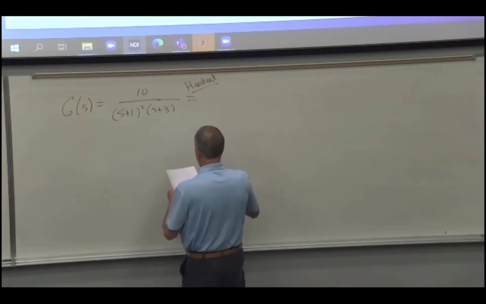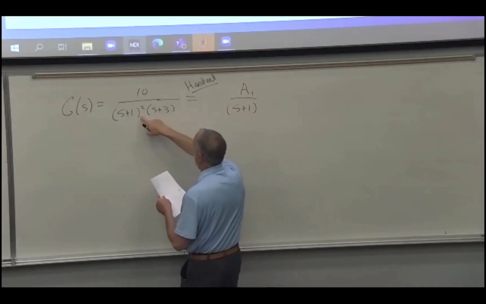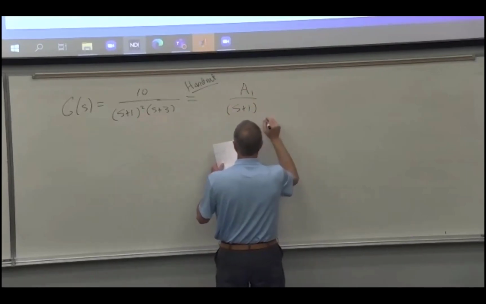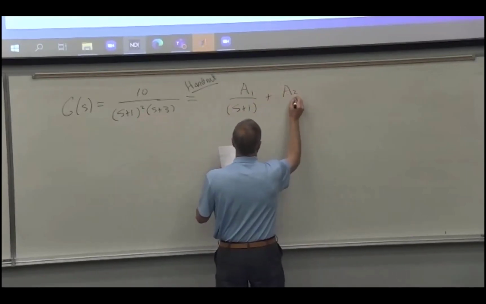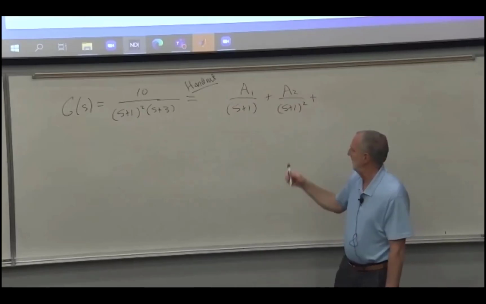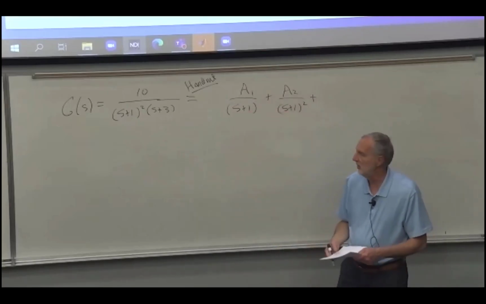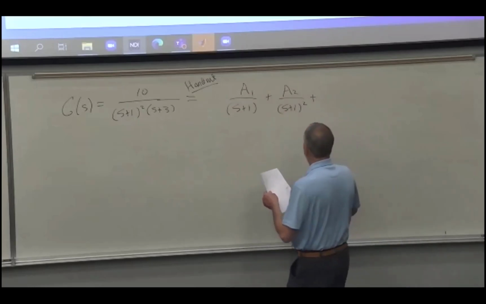So you have to expand this into an s plus 1 factor and an s plus 1 squared factor. Otherwise, when you add them back up, going in the other direction, it doesn't work. You just have to know that that's how you have to get it to work.